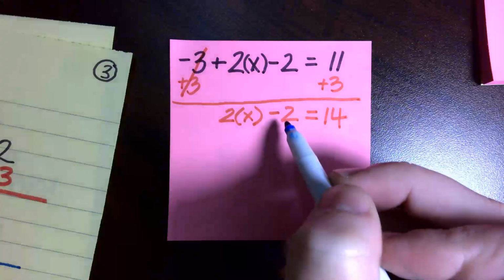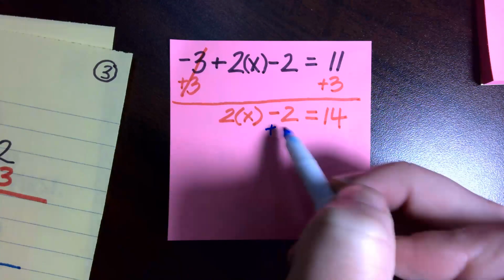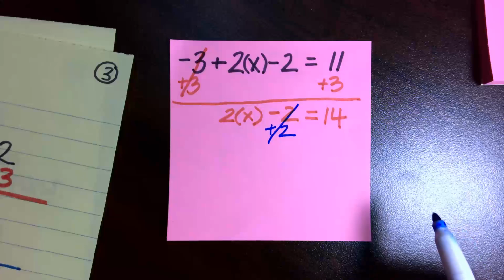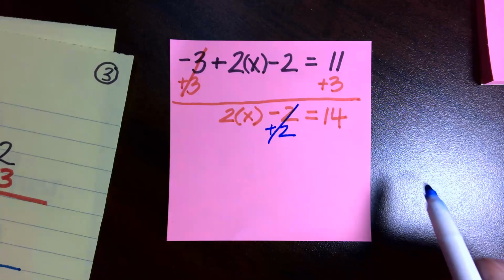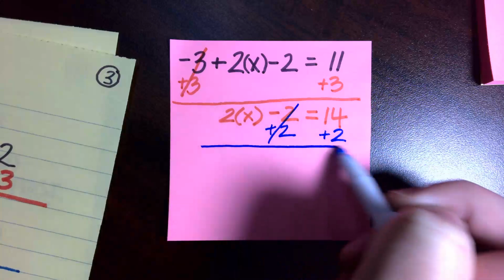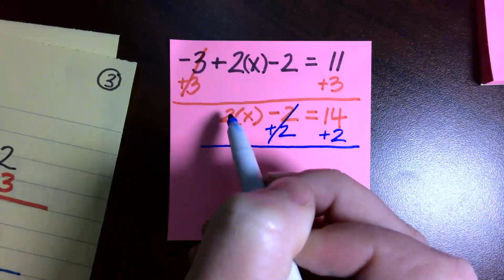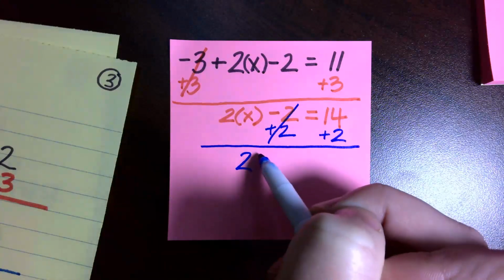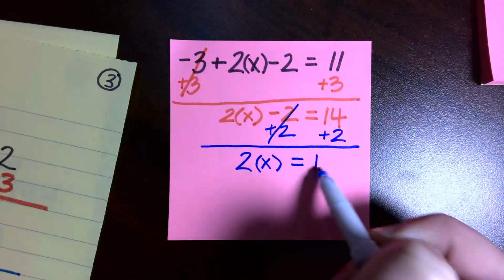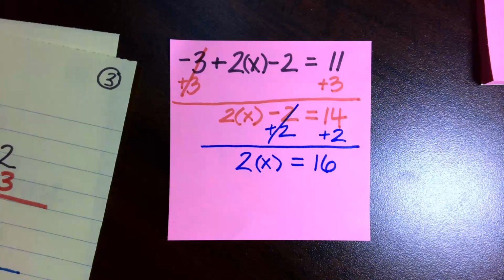Minus 2. Yes, to get rid of minus 2, I'll do plus 2. Then, like you said, those will cancel. But where else do I need to put plus 2? Under 14, because that is on the other side of my equal sign. Now I'll bring everything down. I've got 2 times x equals 16. 14 plus 2 is 16.